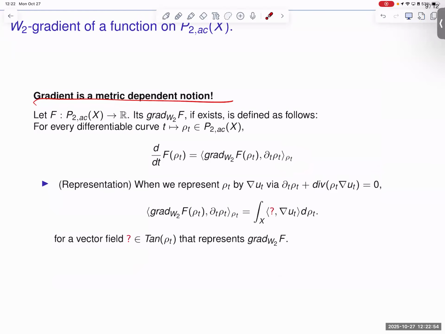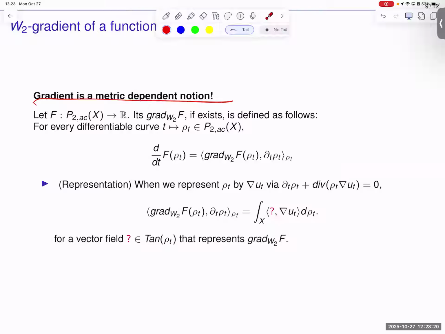Then when we represent the curve, or the velocity, by the continuity equation, this product should be the L2 product with respect to rho t with the gradient of u_t.